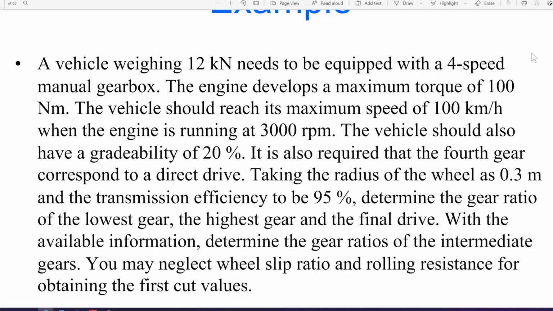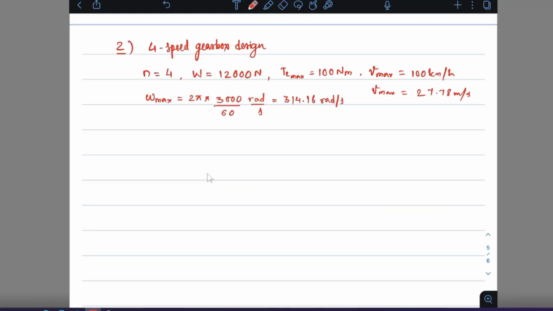So this is the question we have, and we have been writing the requirements here. We have been told that gradability is 20%, so this is 0.2, which is tan of theta s max.